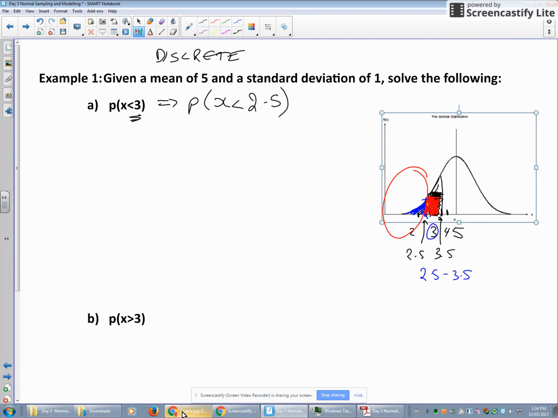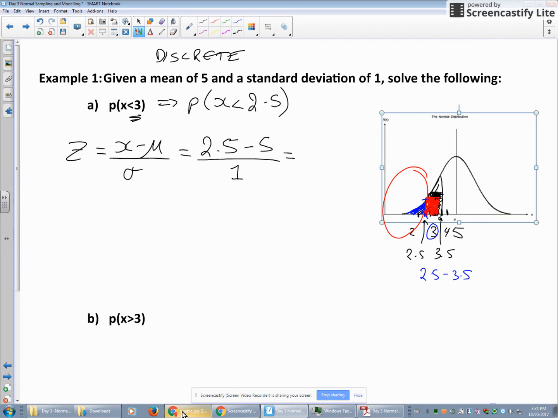So now this becomes a repeat of our previous note where I now need to calculate my z-scores for this value. I calculate my z-score as my data point, subtract the mean, over my standard deviation. My data point is now 2.5. Subtract my mean, which has a value of 5, and I'm dividing that by a standard deviation of 1.